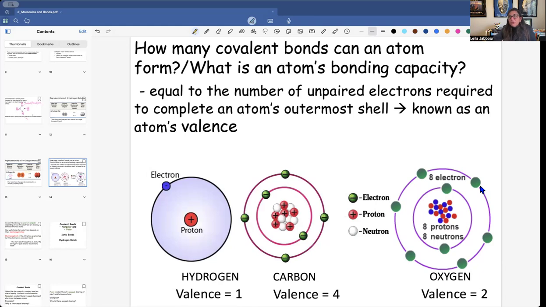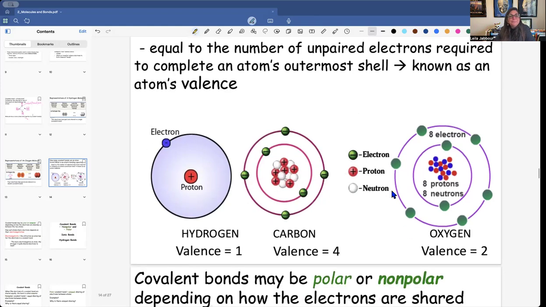So 6 is only 2 away from 8. 8 is the full maximum, this is stable, this is what the atom is going to have a tendency to do. So it needs 2 more electrons. So the valence is 2. When we talk about valence, it's basically how many electrons do you need so we can get a bonding.